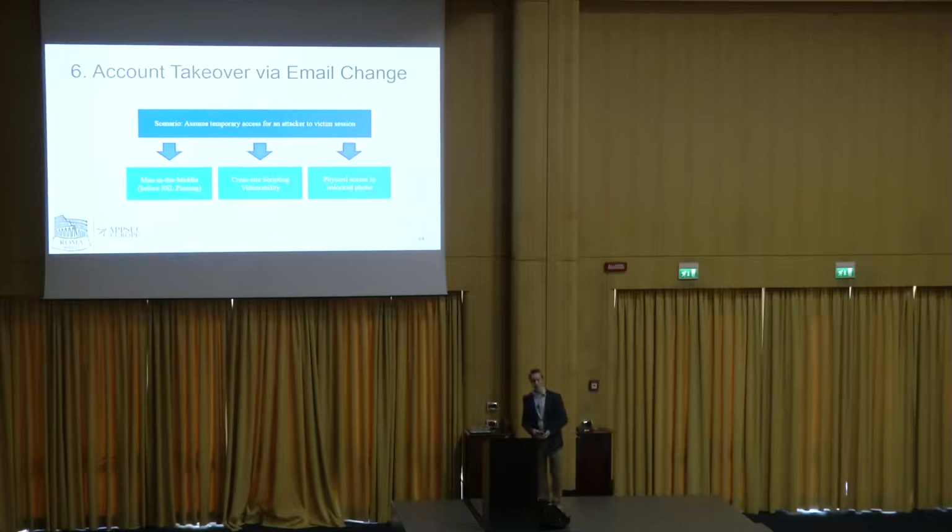Now, the attack scenario that I came up with for this case was, imagine that an attacker has temporary access to an authenticated session of a victim. For example, through SSL pinning, which was still possible until the end of last year, through a cross-site scripting vulnerability, or through physical access to an unlocked phone, for example, when somebody is visiting the bathroom in the pub.